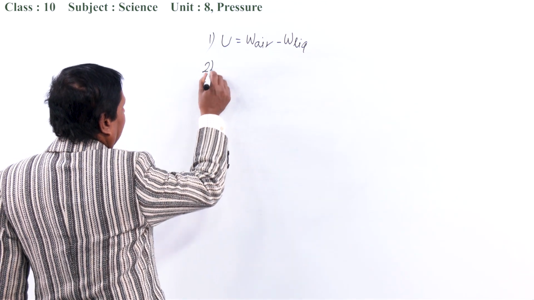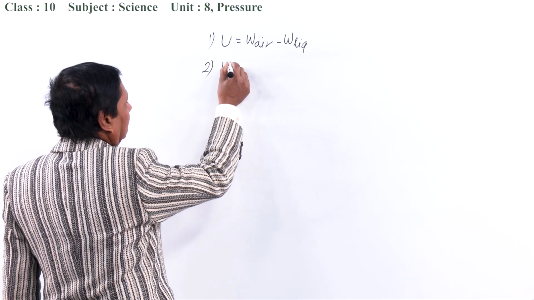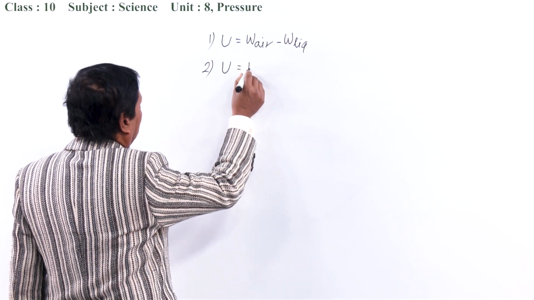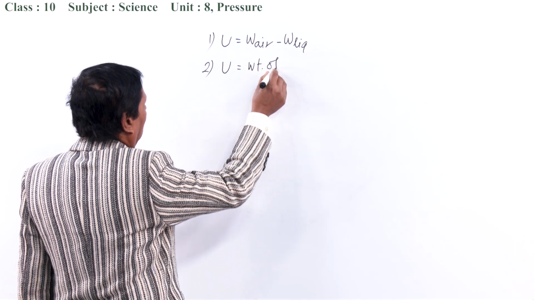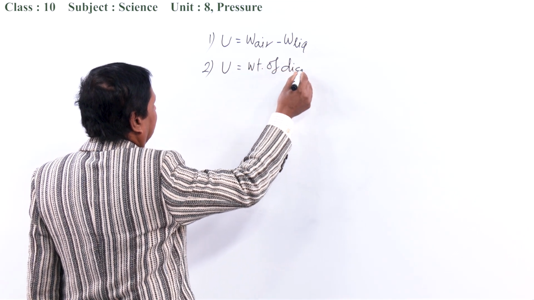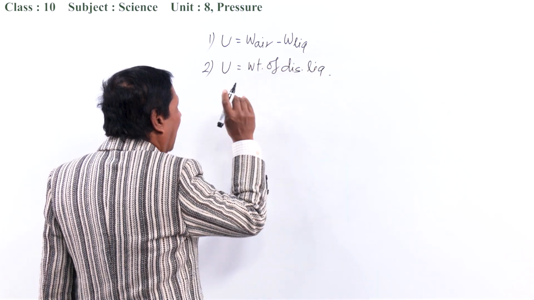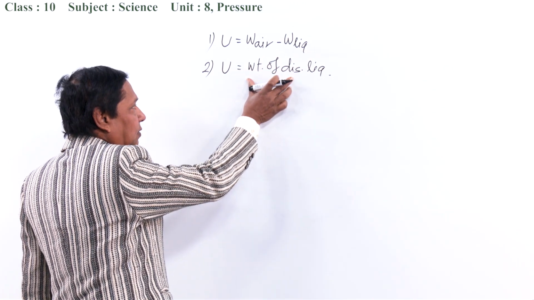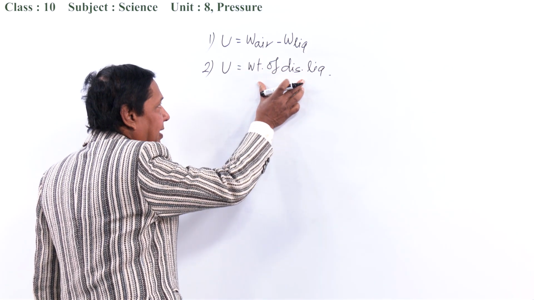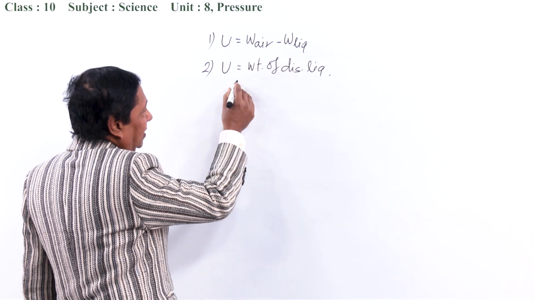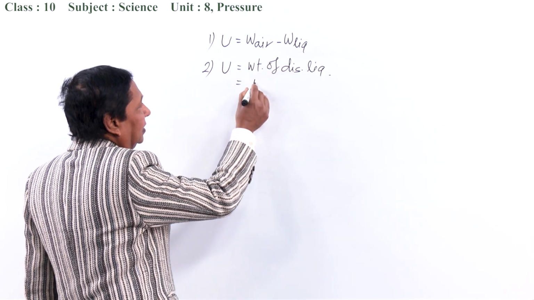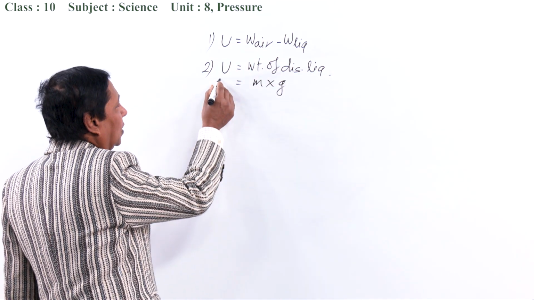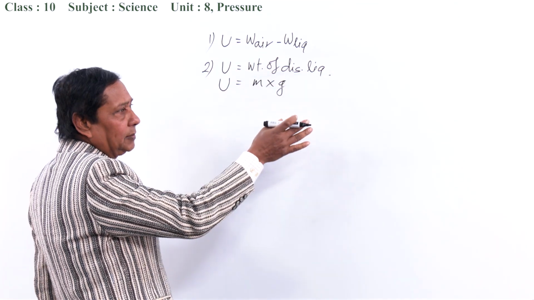Another: we know that upthrust is equal to weight of displaced liquid. Weight of a body is the product of its mass and acceleration due to gravity. That's why, whether it is liquid or solid, weight of this liquid is m into g. Using this equation, we can solve numerical problems.